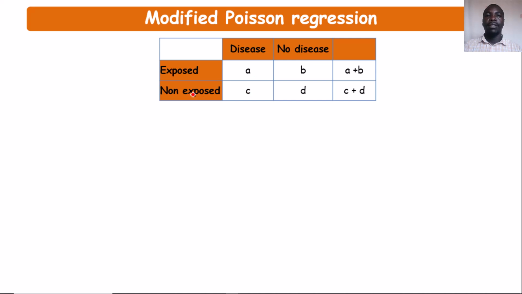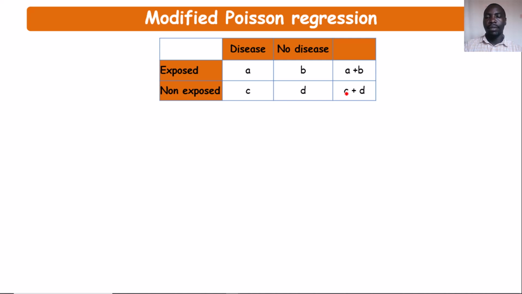C represents those who were not exposed but still got the disease. And D represents those who were not exposed and didn't get the disease. And this is a total of those who are exposed and those who are not exposed.